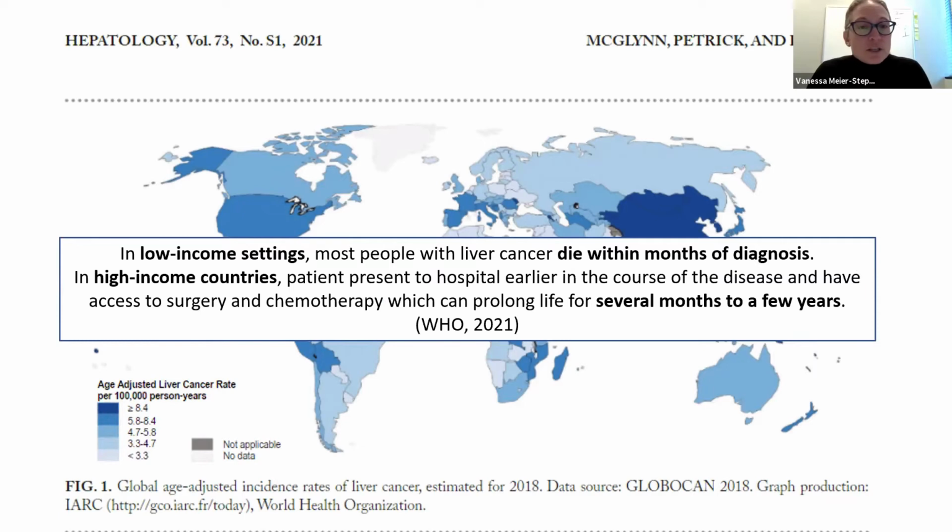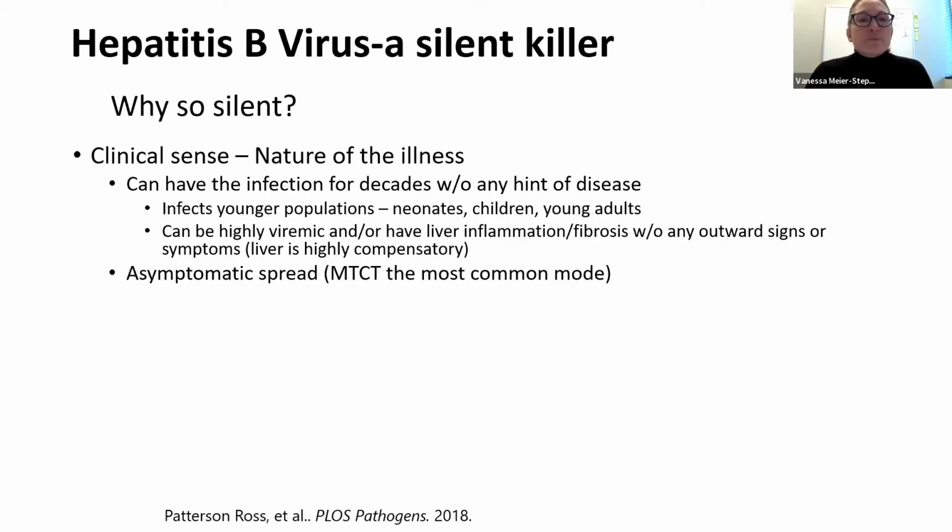And high-income countries, such as in North America, have the ability to do some of these changes and can extend things from several months to a few years. So again, this is all to highlight the impact of this globally and address why this virus in itself is such a silent killer.